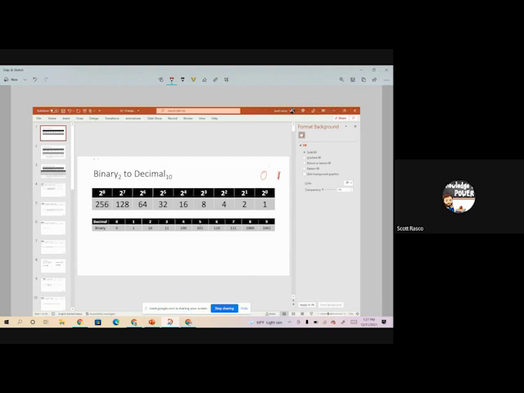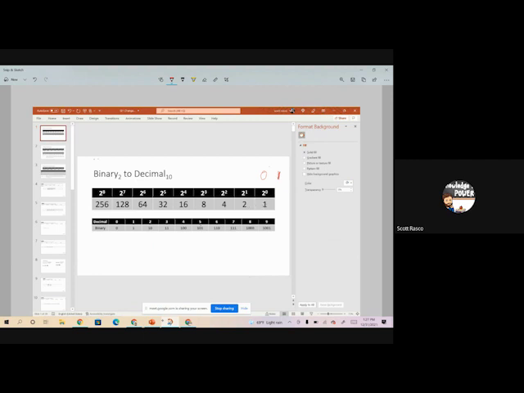Similarly to the decimal system, we're going to have place values. The very first place value is the ones place. The second place value is what we're going to call the twos place. And like the decimal places, where you're going up 1 and then 10, and then 10 times 10 is 100, and then 100 times 10 is 1,000, so you're multiplying by 10 each time, you'll notice that here each of these are multiplying by twos.